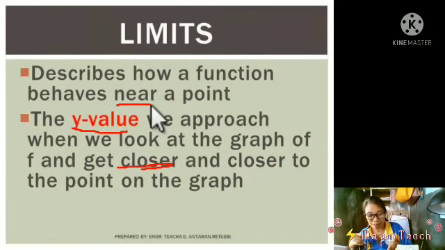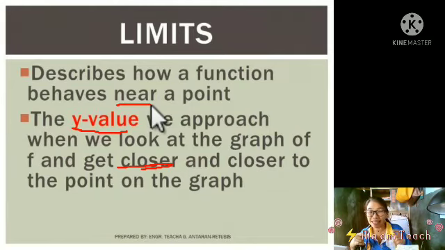Let's say our point is x equals 4. So you are not exactly on 4, but you are approaching it. What happens to your y? What is the value of your y as you approach that point?